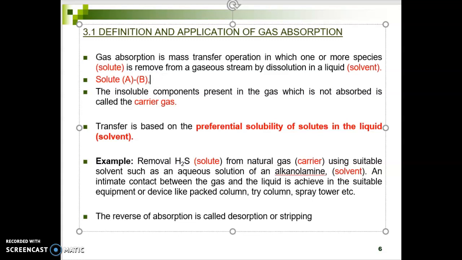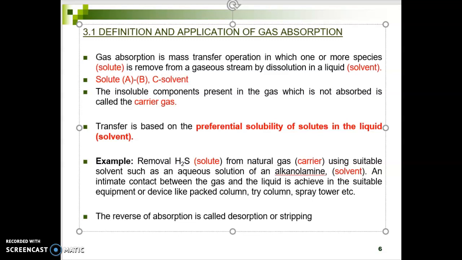Compared to distillation, which only involves two components, here we have another component, our C, which is our solvent.